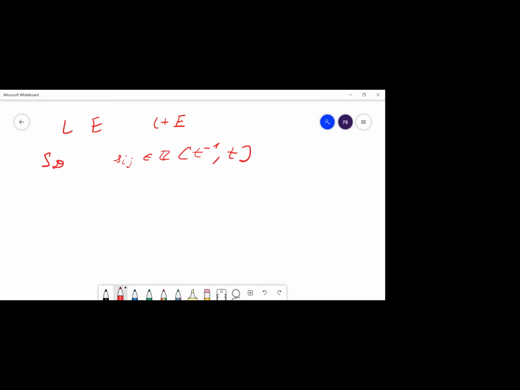It's also an n times n matrix. Where we had 1 in L, we will have t minus 1. We will have minus 1.